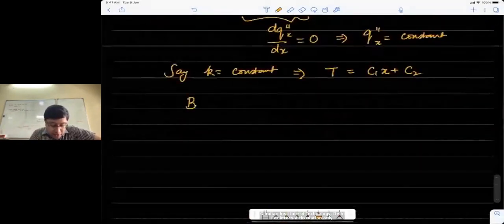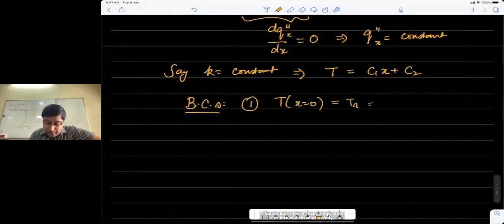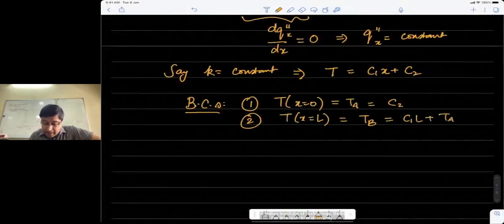So I can apply boundary conditions in the following way. T at x equal to 0 would be TA, which would become C2, and T at x equal to L is TB, which becomes C1 L plus TA.